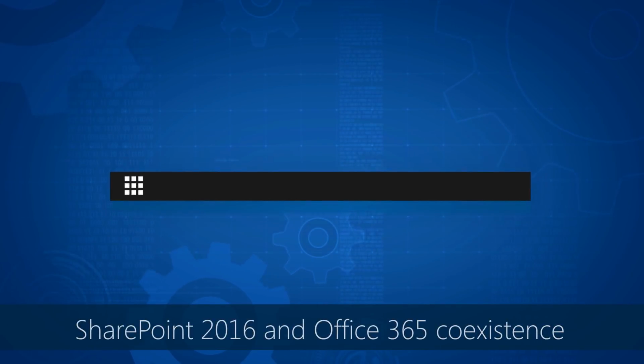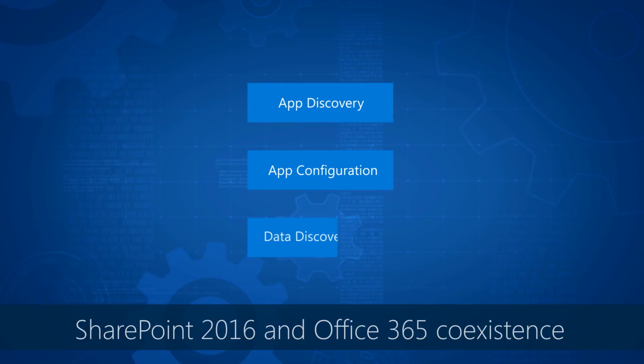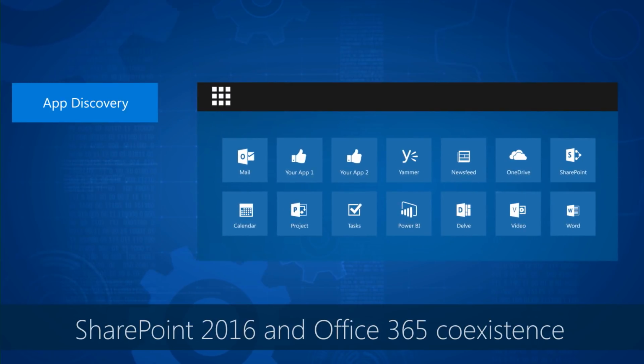You'll of course need Azure Active Directory integration as a prerequisite for enabling hybrid services. But then there are really three main ways that you can benefit from hybrid coexistence with Office 365. The first is app discovery via our app launcher in Office 365, which allows you to discover and place your Office 365 and custom line of business apps in one place.